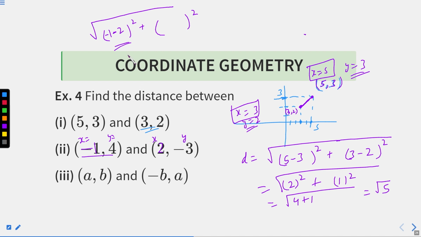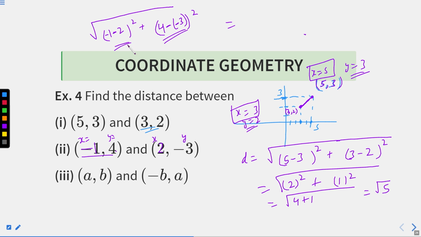So here are the subtracting values. And 4 minus 3. 4 minus, and we know we are subtracting the minus 3. So you have to be very careful here, that we are using minus, and minus 3 is already given.